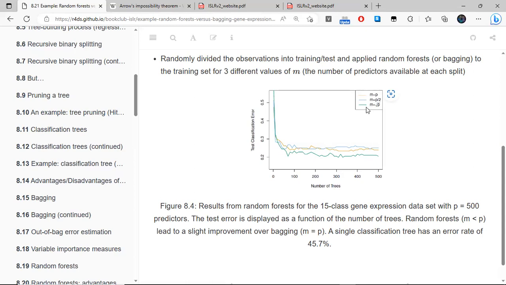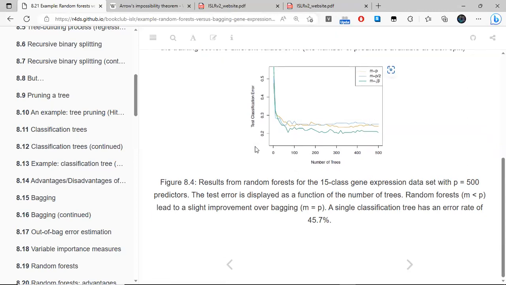That is the classic random forest. And as we can see, there is a decrease for this green line compared to the bagging case, this brownish one. So it indeed happened that the test error has lowered.